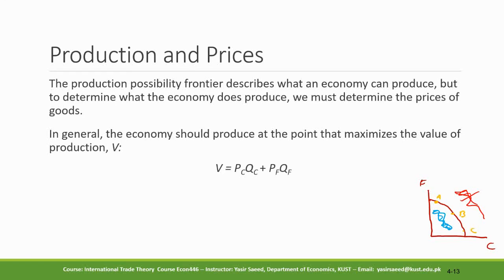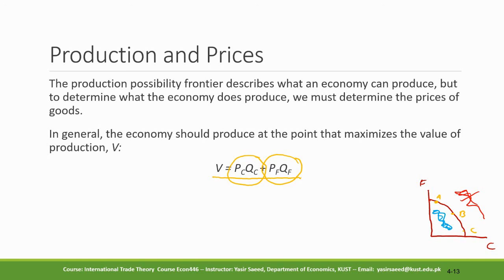It is given by the equation V is equal to PC into QC plus PF into QF. The overall value of production depends on the prices of cloth and the prices of food. The overall value of cloth is PC into QC, the price of cloth multiplied by the amount of cloth that we have produced, and PF into QF tells us the overall value of the food that we have produced.